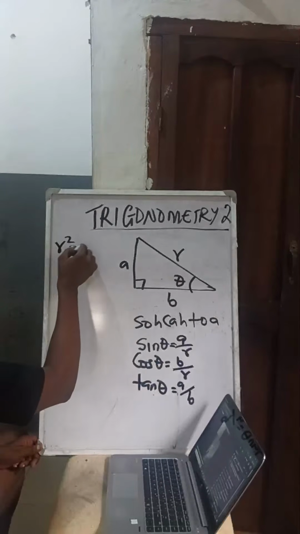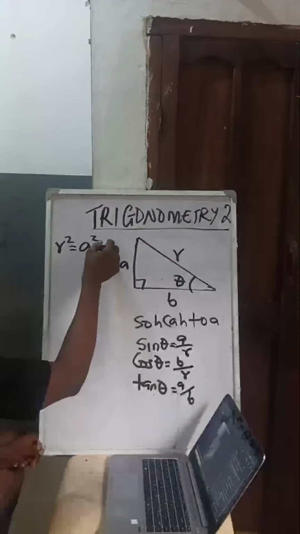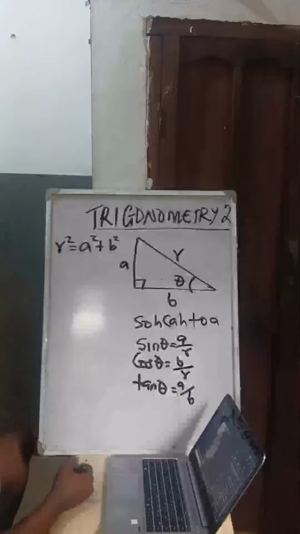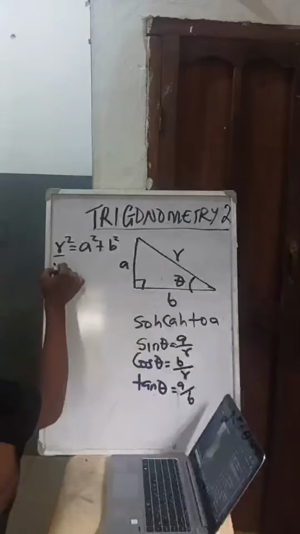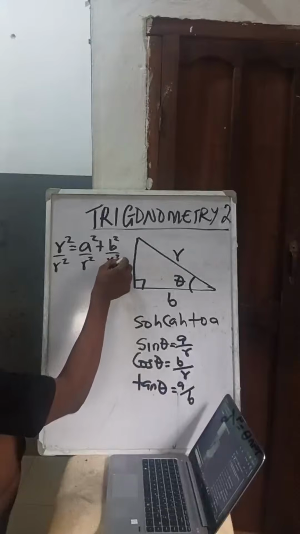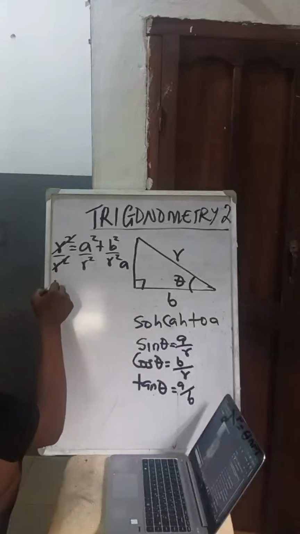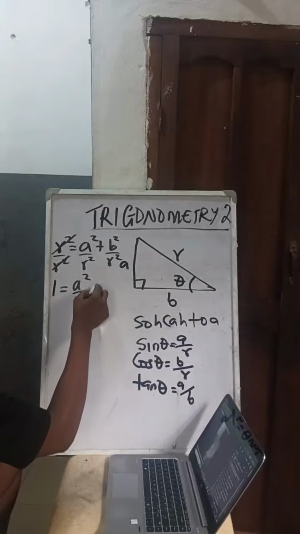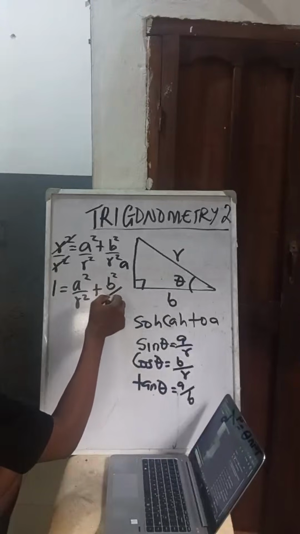Hypotenuse squared is equal to opposite squared plus adjacent squared. But if you divide both sides by r squared, this will cancel and it will give us 1 equal to a squared over r squared plus b squared over r squared.